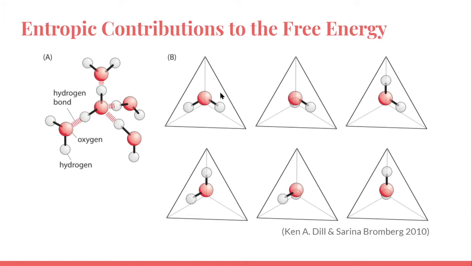So by forming clusters of proteins, the apolar surface exposed to water molecules is decreased. And this has a small electrostatic effect, but more importantly, it increases the number of configurations that water can take. So overall, there is an increase in entropy, and thus these hydrophobic interactions promote the capsid assembly.